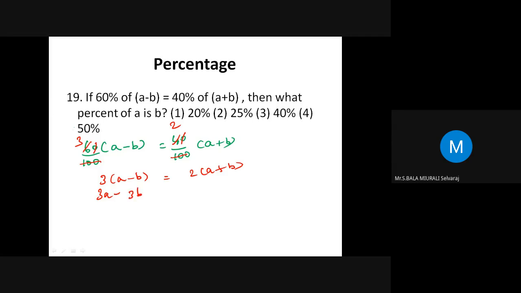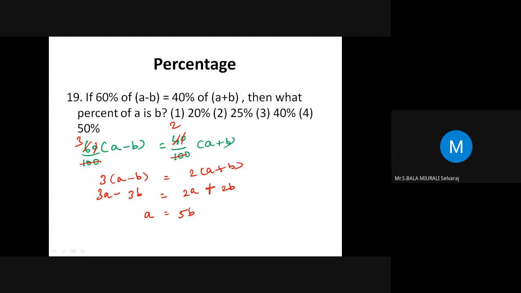So now write it: 3A minus 3B equals 2A plus 2B. So A will be on one side and B on the other side. This 2A comes to the other side, it becomes minus 2A, correct? 3A minus 2A is A. This minus 3B goes to the other side, plus 3B. 2B plus 3B is 5B.